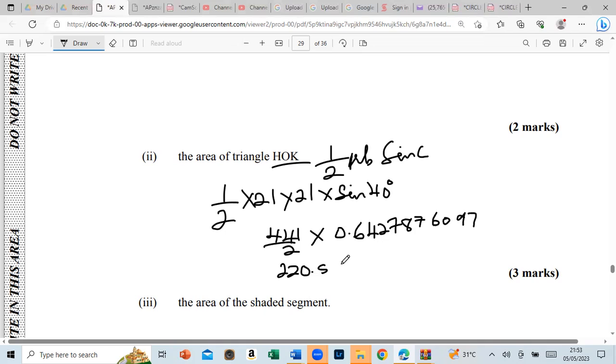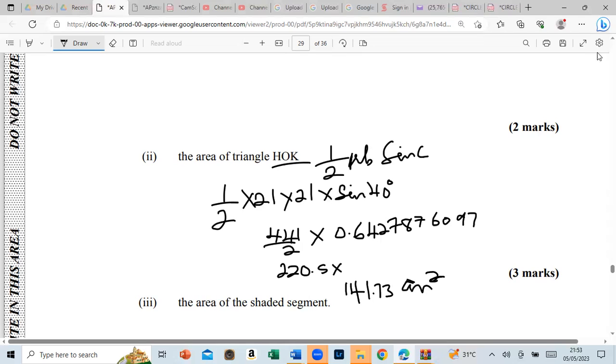So I'm just going to multiply by 220.5, which works out to 141.73. So you get a max of 2 marks for that. Remember it's area, so it will be centimeters squared, right? Because it's area.